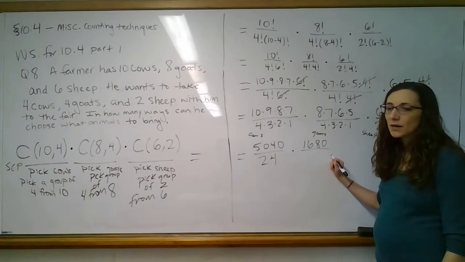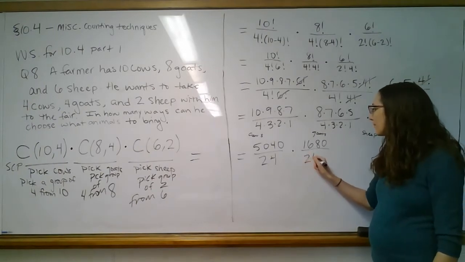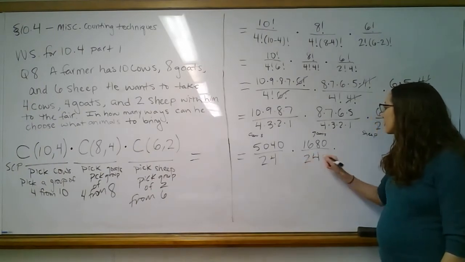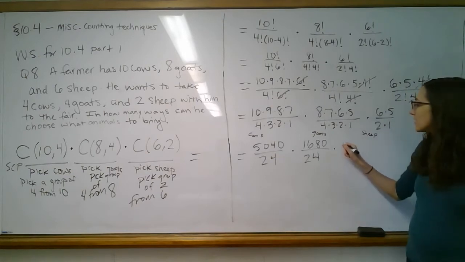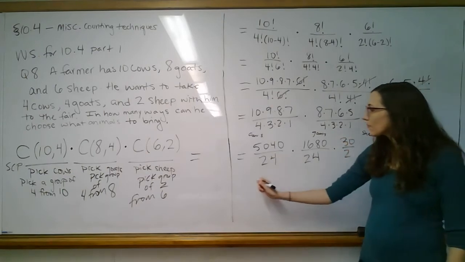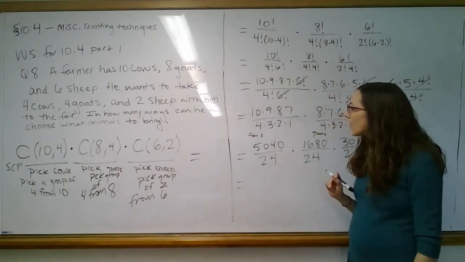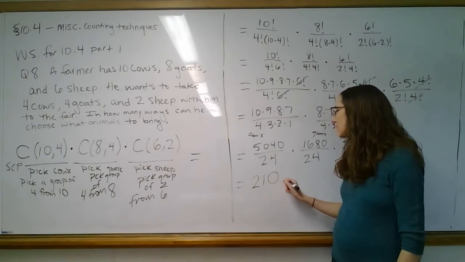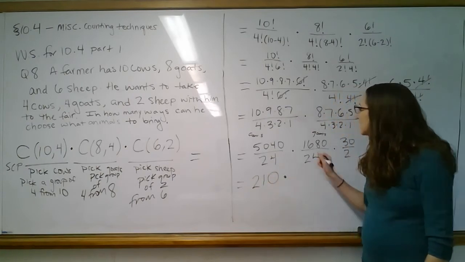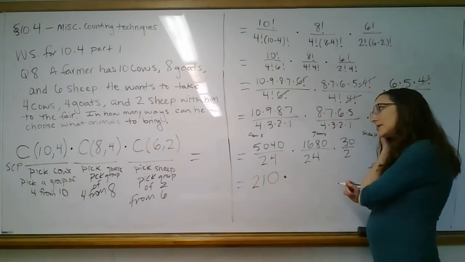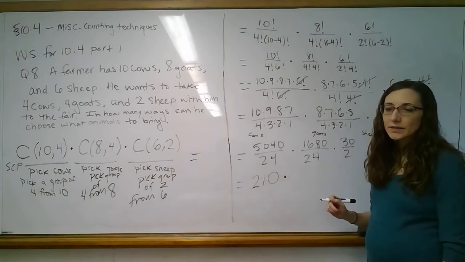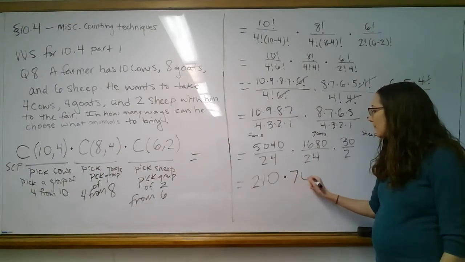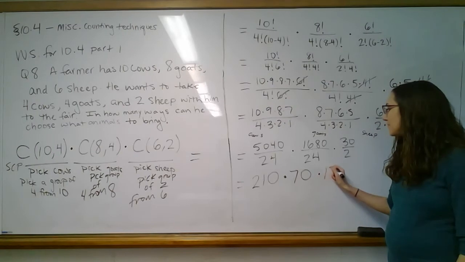And then 4 times 3 times 2 times 1 is 24. And then 6 times 5 is 30, over 2 times 1 is 2. So we've got 5,040 divided by 24, which is 210. 1,680 divided by 24 is 70. And 30 divided by 2 is 15.